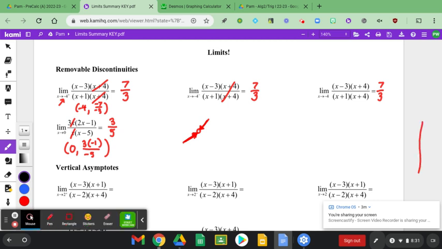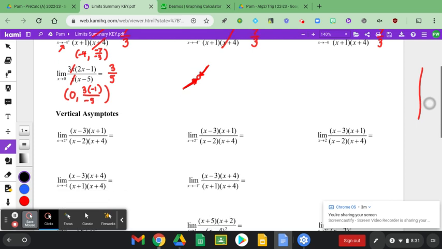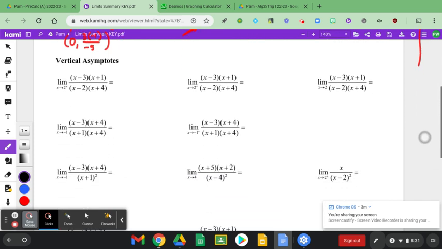So vertical asymptotes, let me move it up here. Vertical asymptotes still make that denominator equal to 0. I'm getting used to making a video again here. If I'm looking as x is approaching 2 from the right, we know that that's a vertical asymptote at x equals 2 because that makes the denominator 0 and there is no factor in the numerator that matches it.